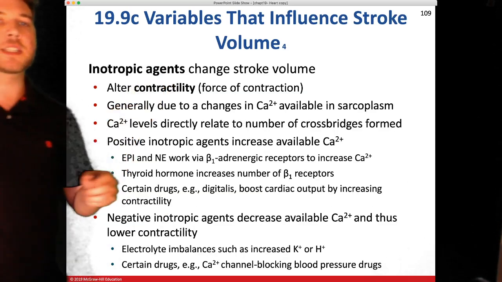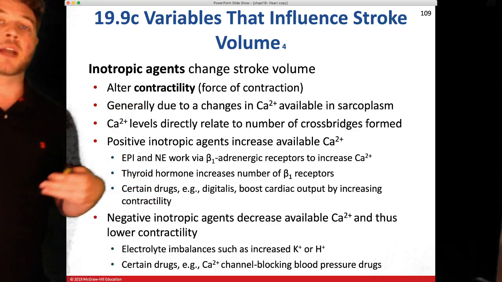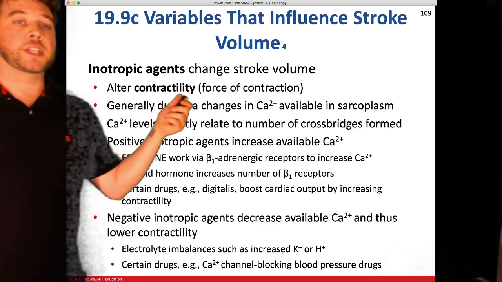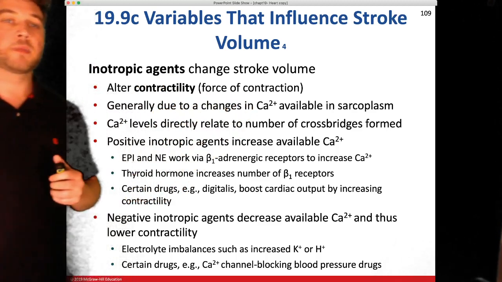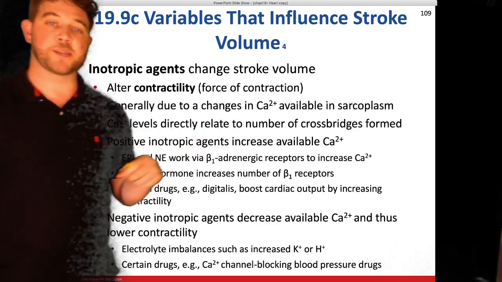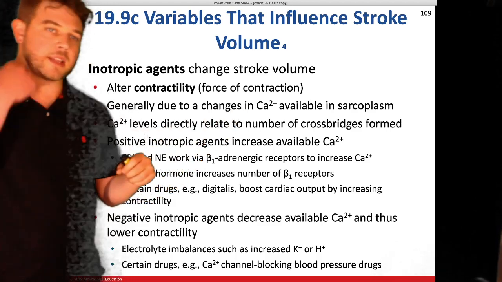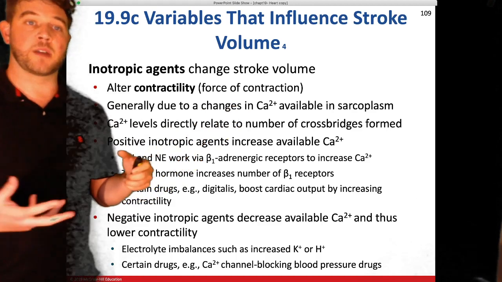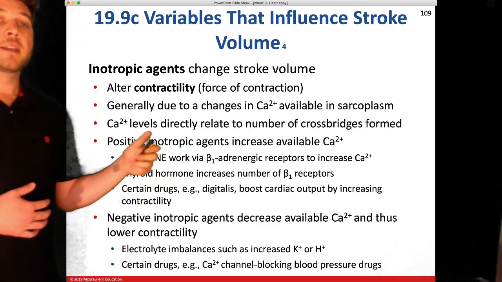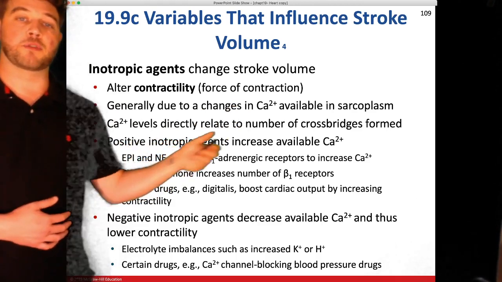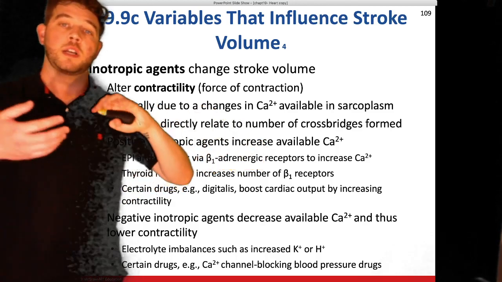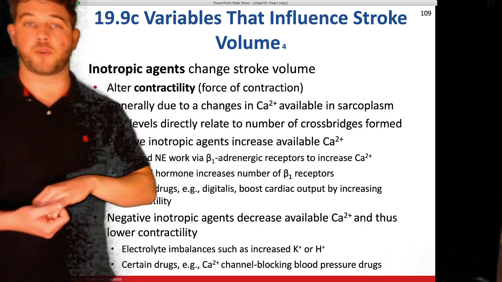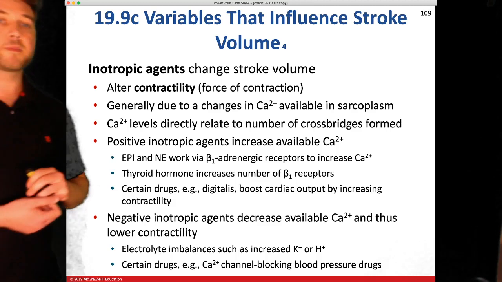The inotropic agents, as I said, change the stroke volume, not the rate of stroke. They alter the contractility, the force of contraction, generally due to changes in calcium availability in the sarcoplasm, the cytoplasm of the muscle cells. The calcium levels directly relate to the number of cross bridges formed, so the more calcium you have, the more you can form those myosin-actin cross bridges.